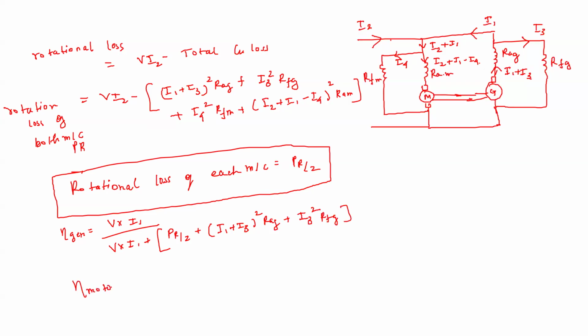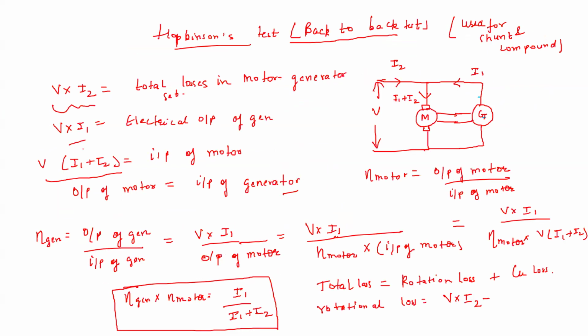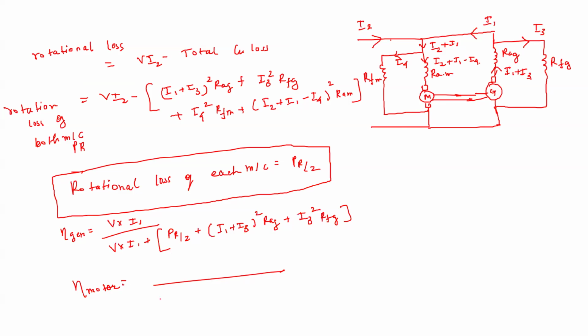And what about the efficiency of the motor? The input of the motor is V into (I1 plus I2). Output is input minus loss. What are the losses?